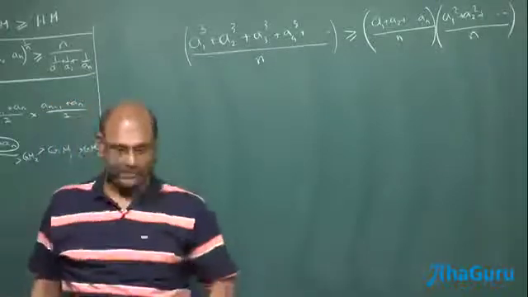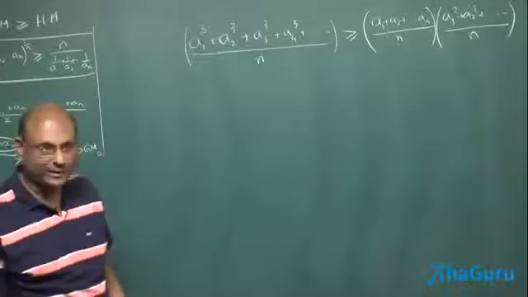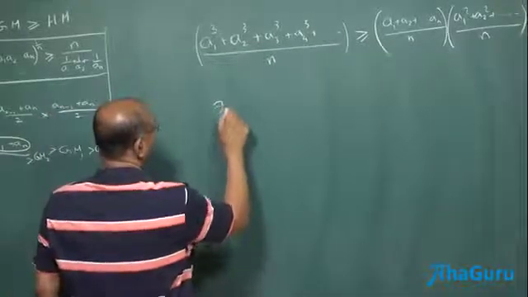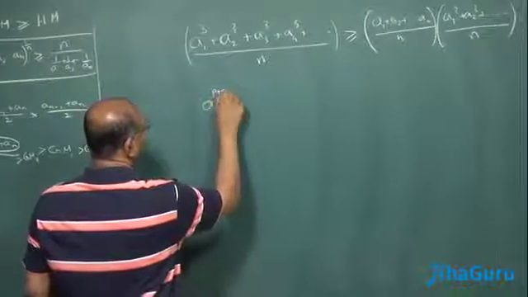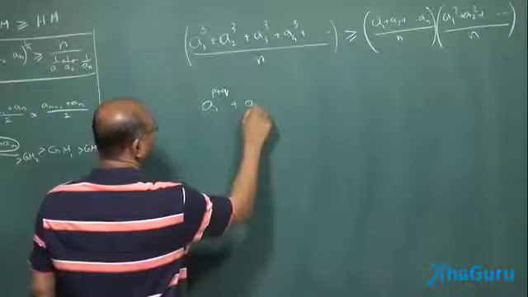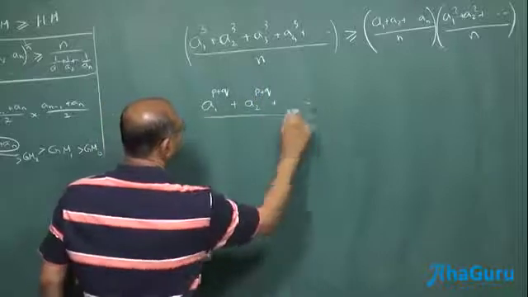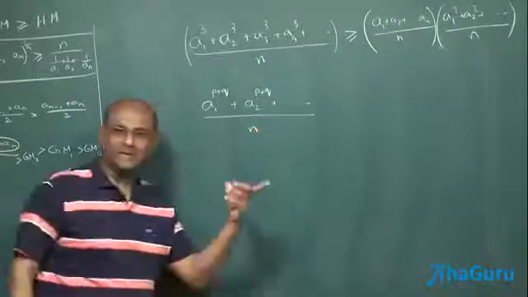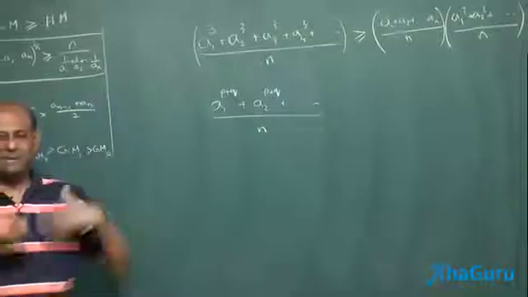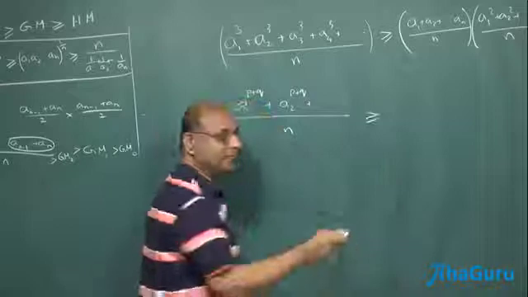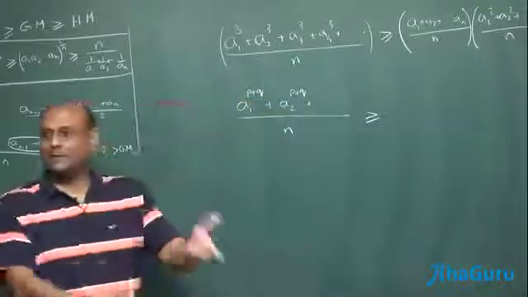So in general, if I took A1 power P plus Q plus A2 power P plus Q, this is the arithmetic mean of power P plus Q, greater than the arithmetic mean of power P into the arithmetic mean of power Q.